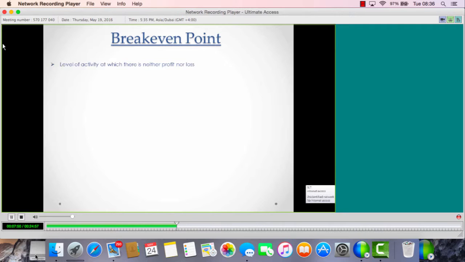The income should be equal to cost, right? There's no profit or loss. In other words, contribution should equal what? Contribution is your sales minus the variable cost, right? Yes, that is what you call contribution.